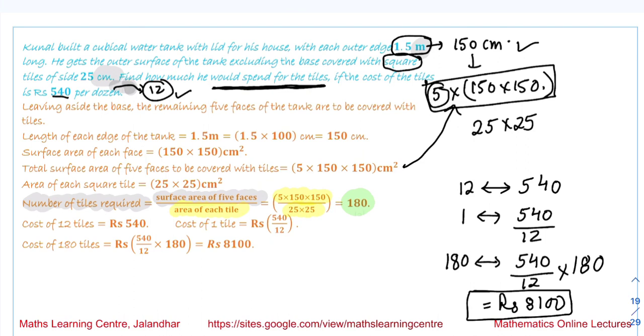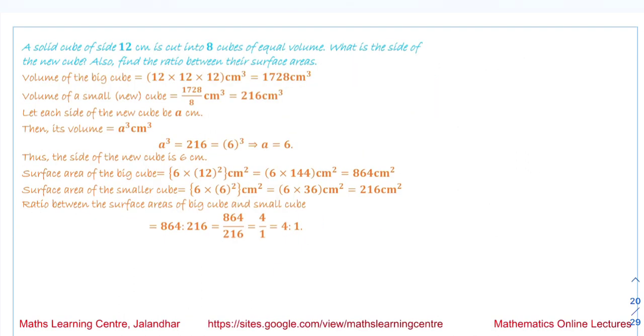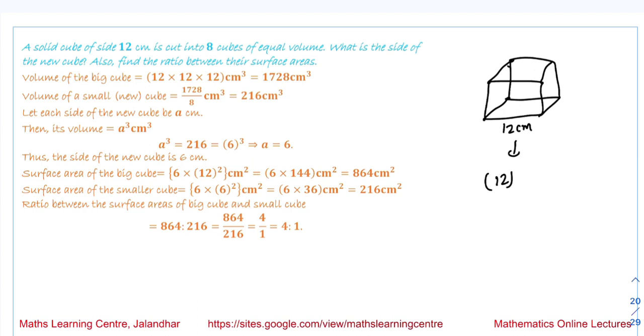Now the next question is, a solid cube of side 12 centimeter is cut into 8 cubes of equal volume. So a cube is given to us, and the side of this cube is 12 centimeter. So what is the volume of this cube? It is 12 cube.